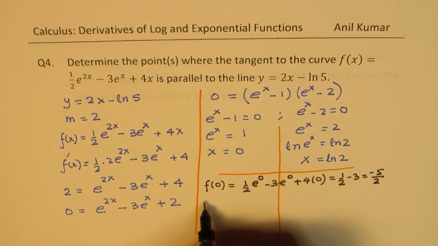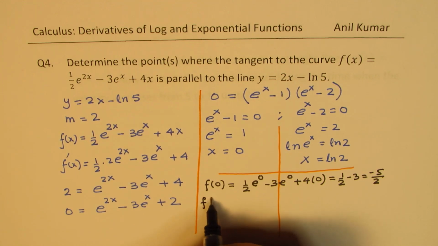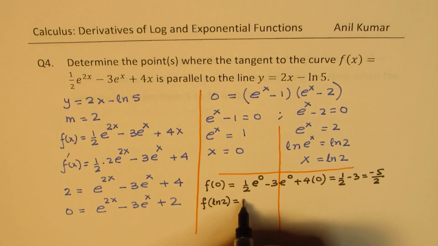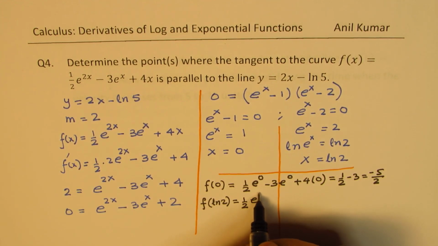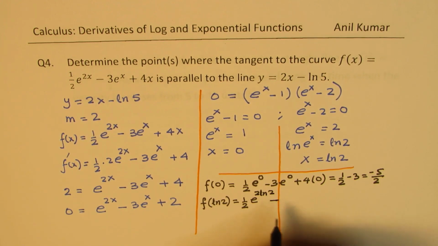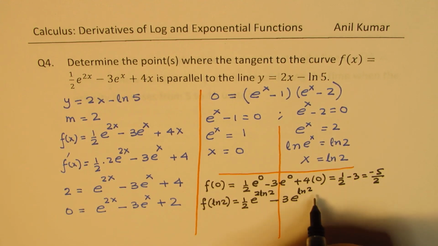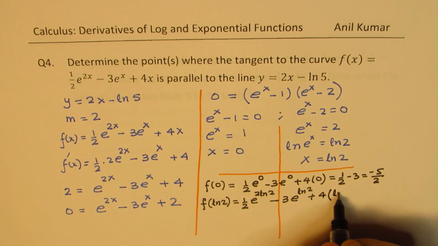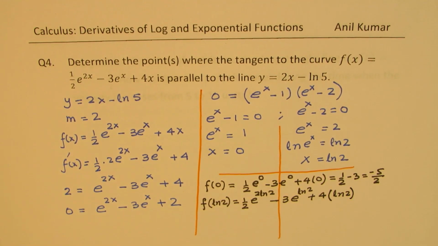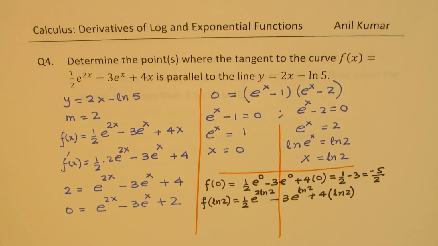So the other point here will be at f of ln 2. So we get half e to the power of 2 ln 2 minus 3 e to the power of ln 2 plus 4 ln 2, right? So e to the power of ln 2 is just 2, right?